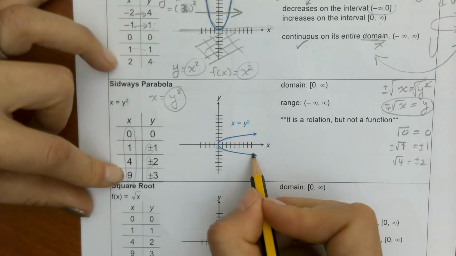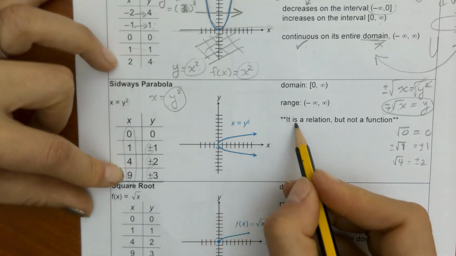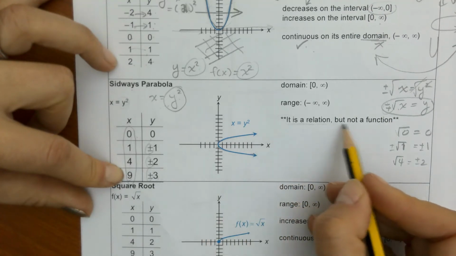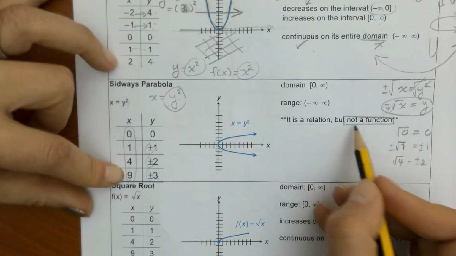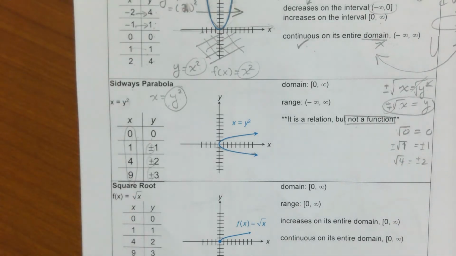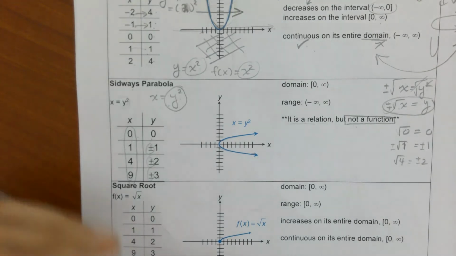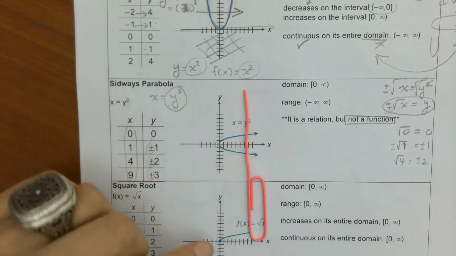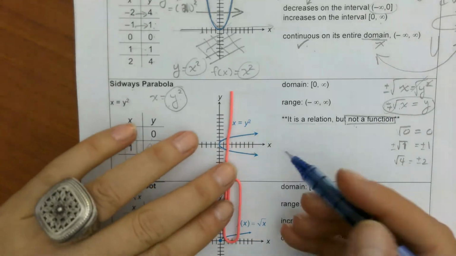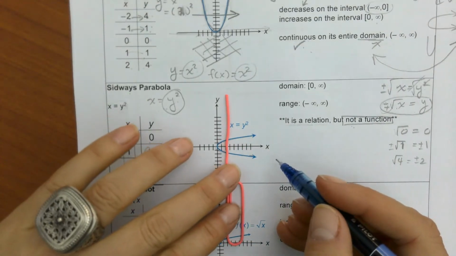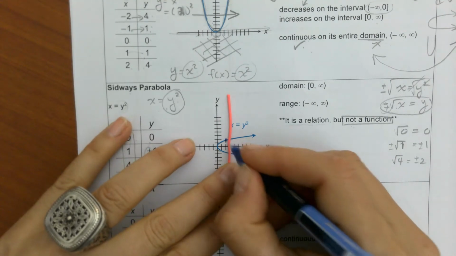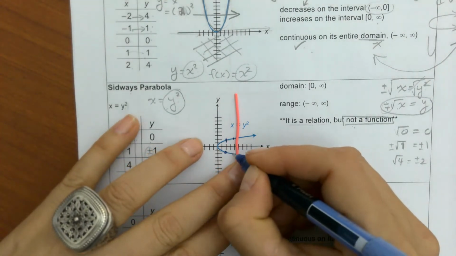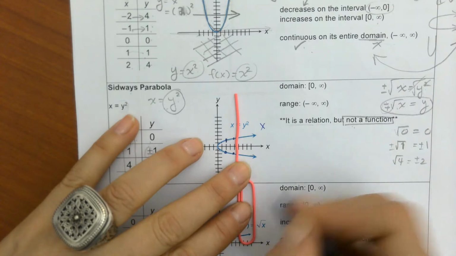Look at this. It says it's a relation. It's not a function. That's the important part here. So what is a function? Remember when we did the vertical line test, if I move a vertical line along the function and it touches in more than one place, it's not good.